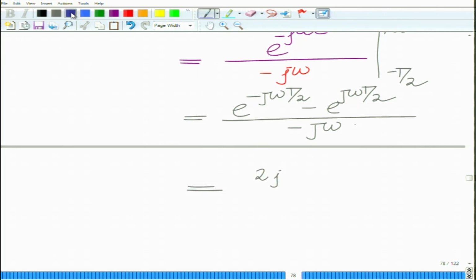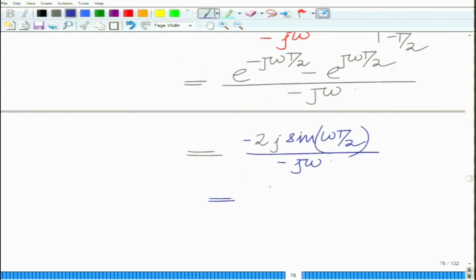Using the properties of complex numbers, e raised to minus j theta minus e raised to j theta is minus 2 j sin theta, so this is minus 2 j sin omega T by 2 divided by minus j omega, which you can simplify by cancelling.